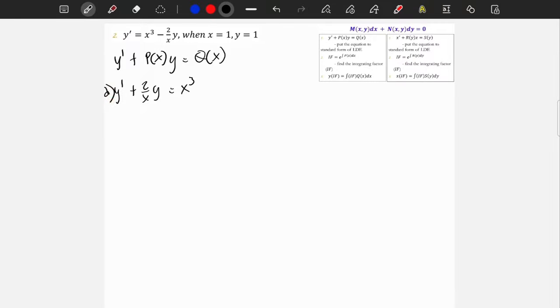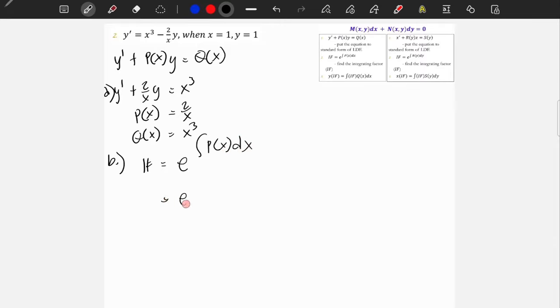So this is our step 1. The function p of x is 2 over x and q of x is equal to x cubed. Step 2, find the integrating factor. E to the integral of p of x dx. So e to the integral of 2 over x dx.